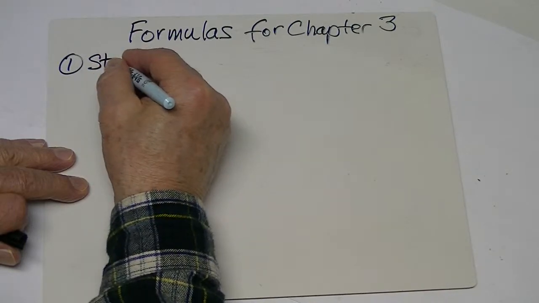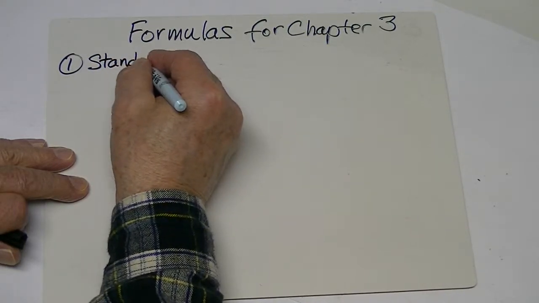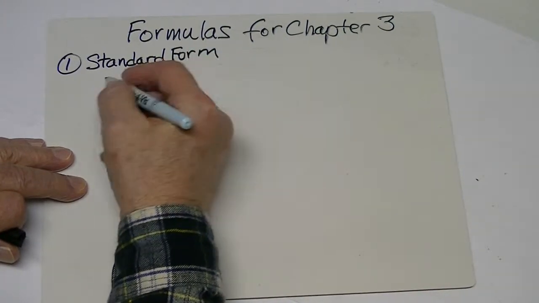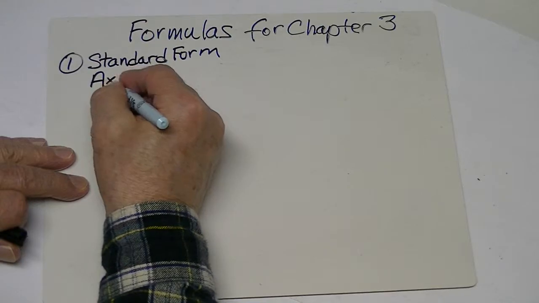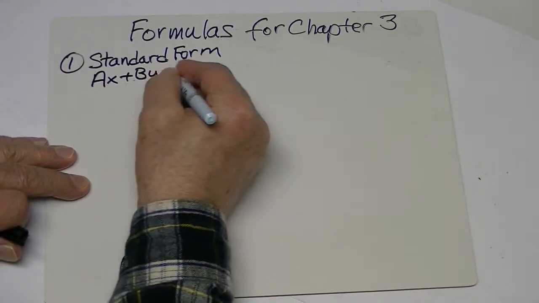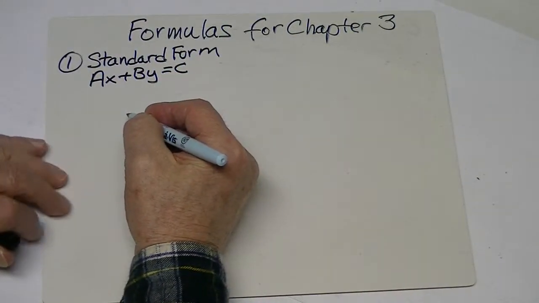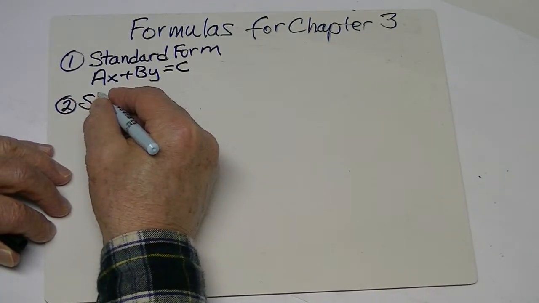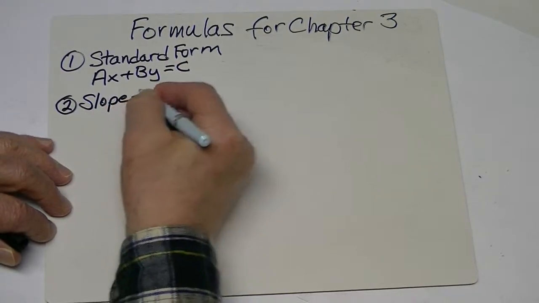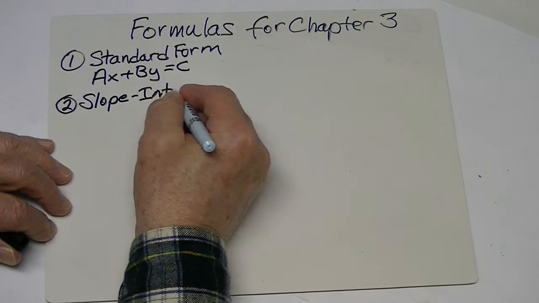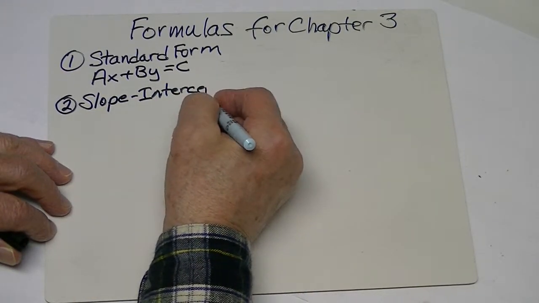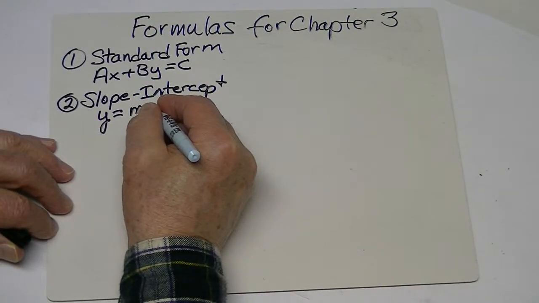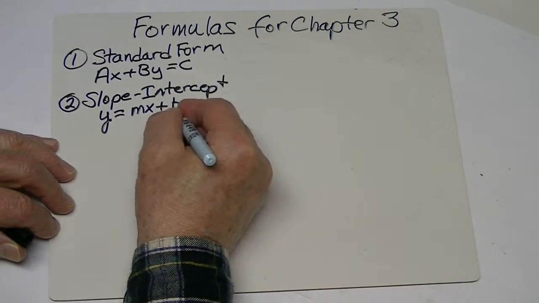So we have standard form, and we've mentioned this, ax plus by equals c. Slope-intercept, which is y equals mx plus b.